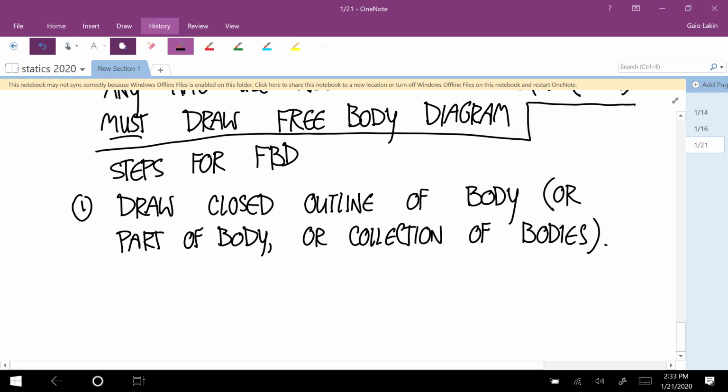And this outline should have no external objects drawn, and no internal details.